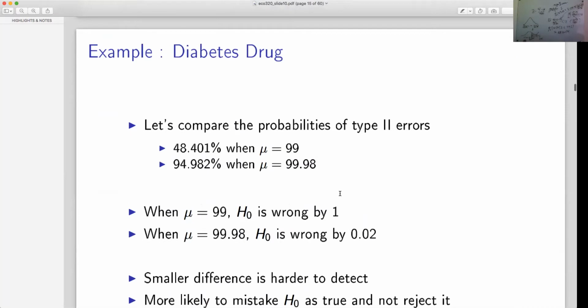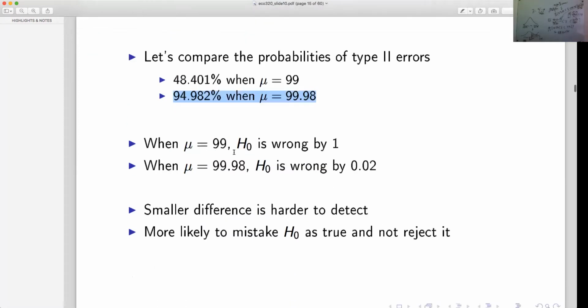So let's compare the probability of type 2 error. It was 48% with mu equal to 99, but this is almost 95% with this mu. When mu equals 99, H naught is wrong by 1, but this is only by this. So a smaller difference is harder to detect.